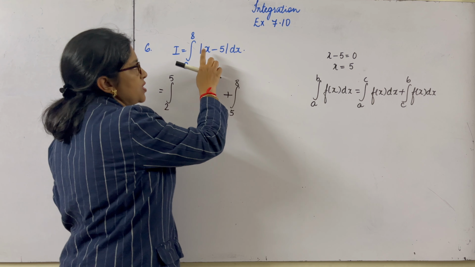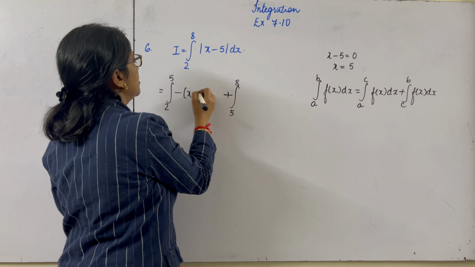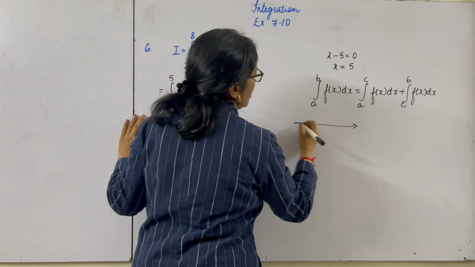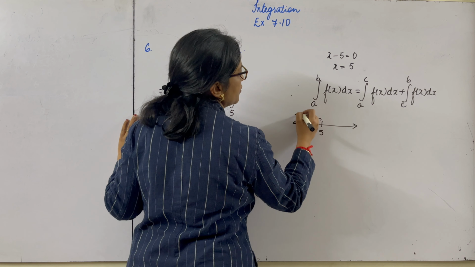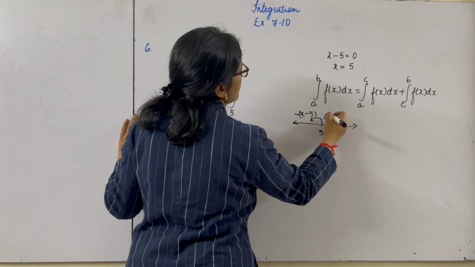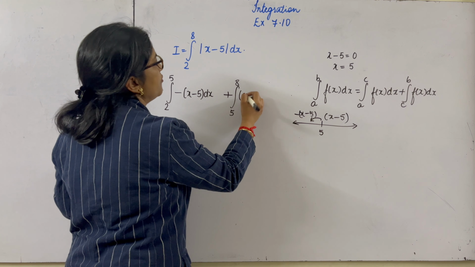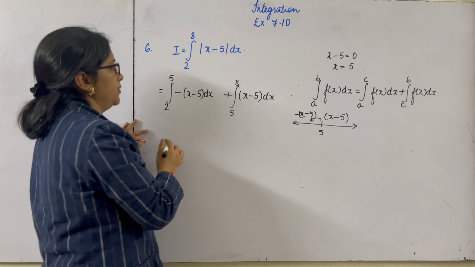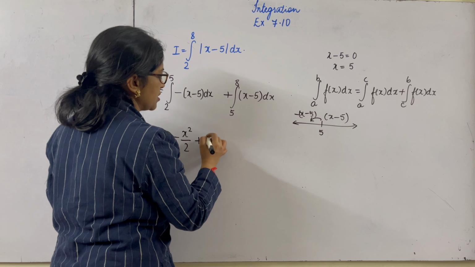For a function with positive x, it's going to be negative to the left of the critical point. That means less than 5 it is going to be negative, and greater than 5 it is going to be positive. You can write directly, or else you can check by taking a value in this interval and in this interval. Now integrate it, as integration in this case is easy.